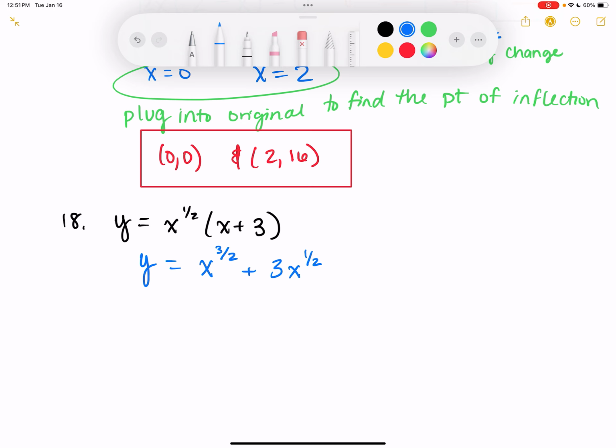All right. So now what with this problem? Now we find the derivative. Which is? 3 halves x to the negative five halves. Wait, what? No, it's 1 half, isn't it? Yeah, I was like, where did you get that from?